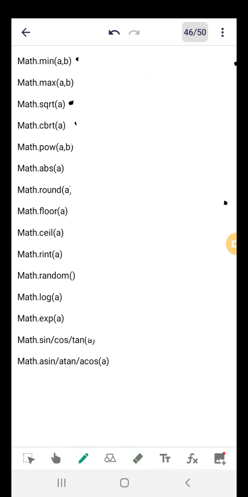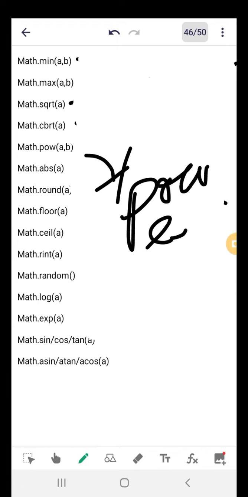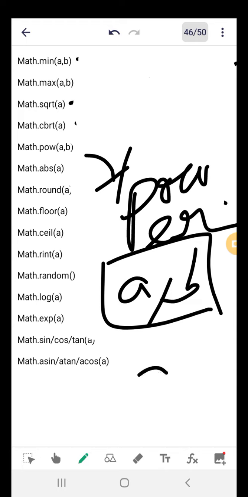Now Math.pow is power, nothing else. If a and b are the parameters, then it will return a to the power b. A and b can be anything.